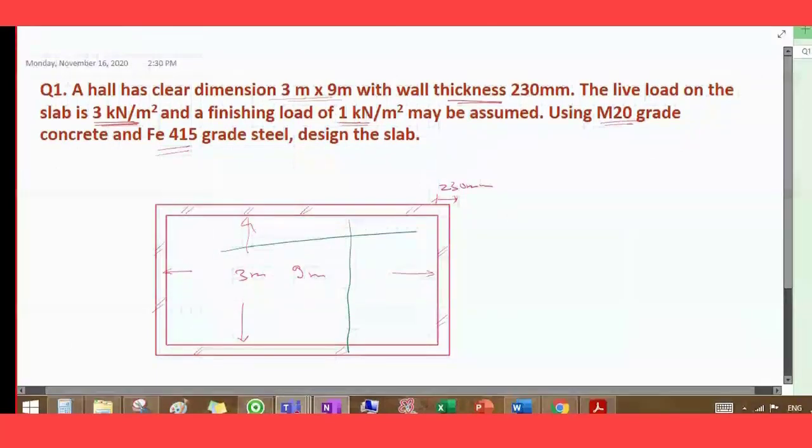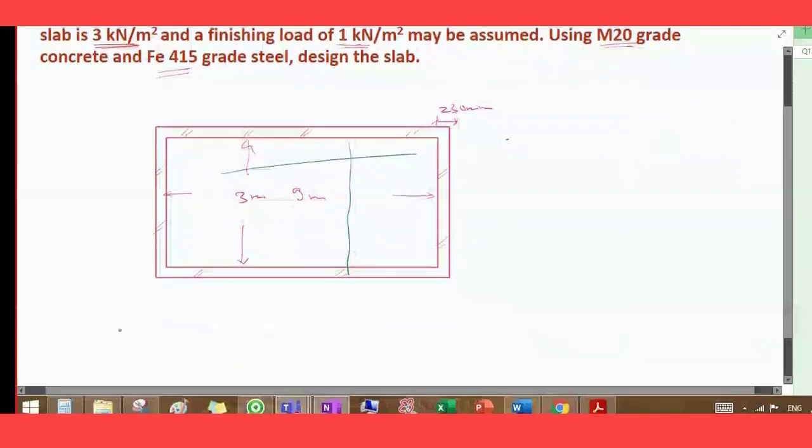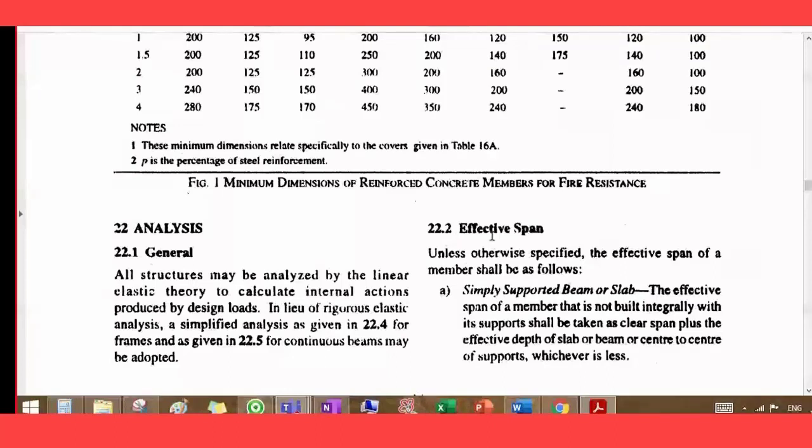So let us compute Ly first, the effective span about the longer span Ly. Here you see this is your clear span of 9 meter. And what is Ly, the effective span? Let me come to the code, Clause number 22.2. What kind of slab am I having? The slab is being supported on the 4 walls, so basically it's going to be a simply supported slab.